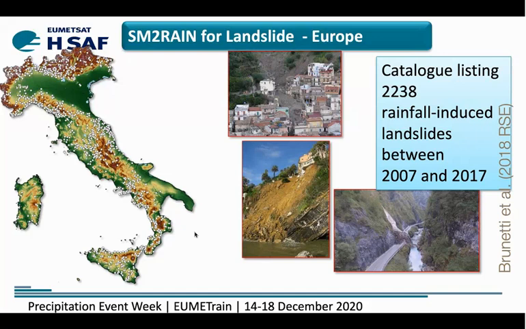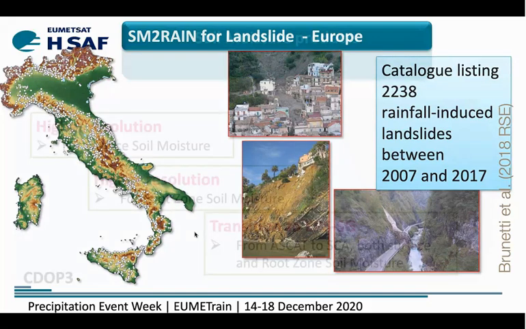So we have a catalog of more than 2,000 landslides. There was an exercise on rainfall-induced landslides between 2007 and 2017, and we have seen that there is a correlation between the satellite data estimation and the occurrence of rainfall-induced landslides.